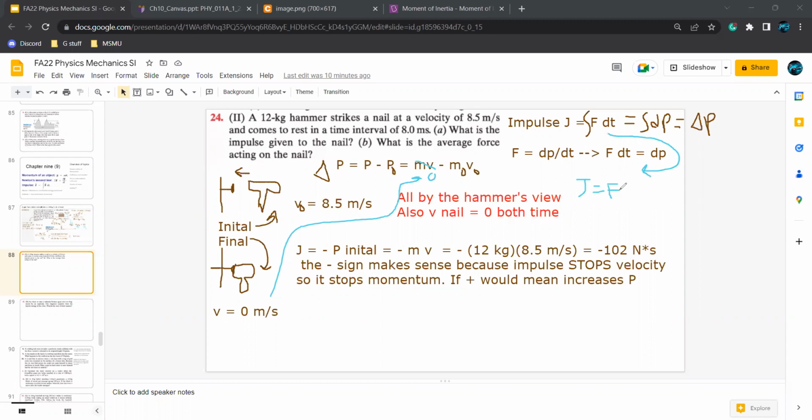If you're assuming it's average, then you're not going to have an equation for force that's going to make a change. Probably should have written that in a different color, but oh well. So J is equal to force times t. So then you're going to go ahead and divide J by t to get force.